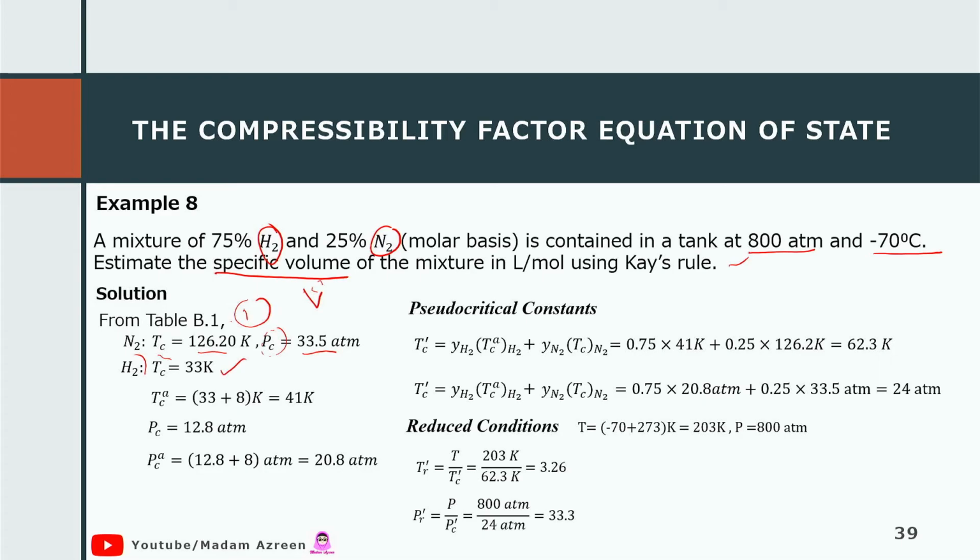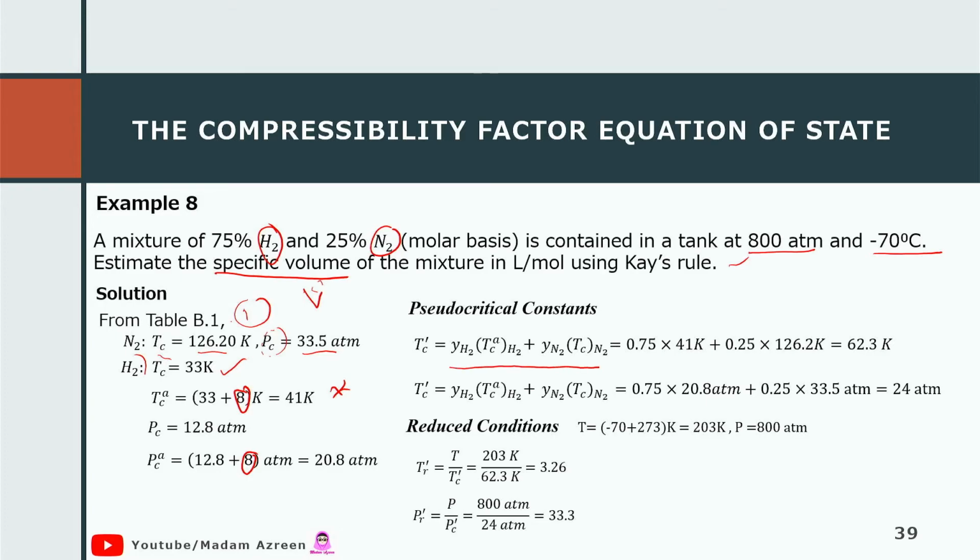Remember that for helium and hydrogen, you need to do a correction. You have to add 8 Kelvin and 8 atm to the critical temperature and critical pressure, and then you can use these pseudo-critical constants. Remember this formula from last time.